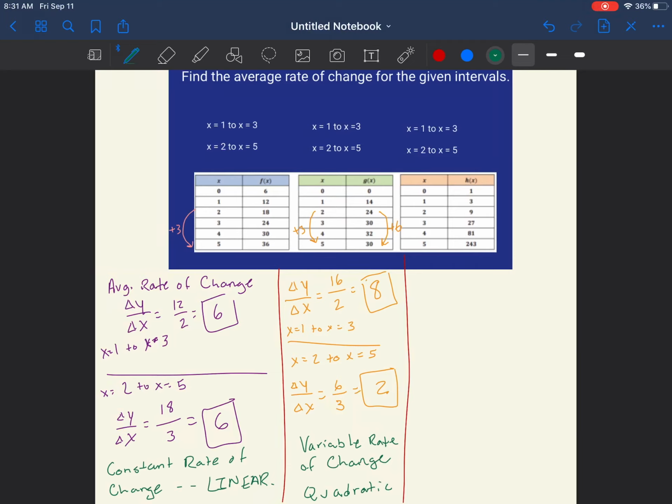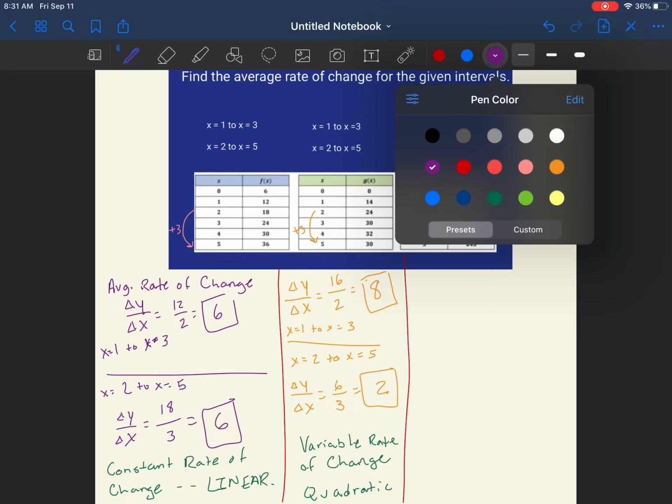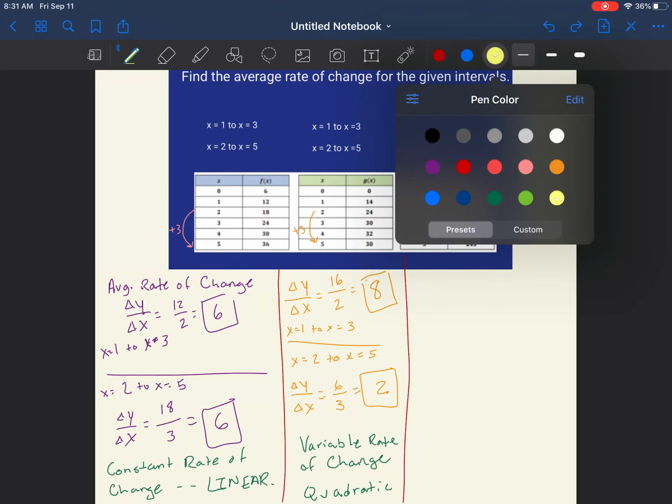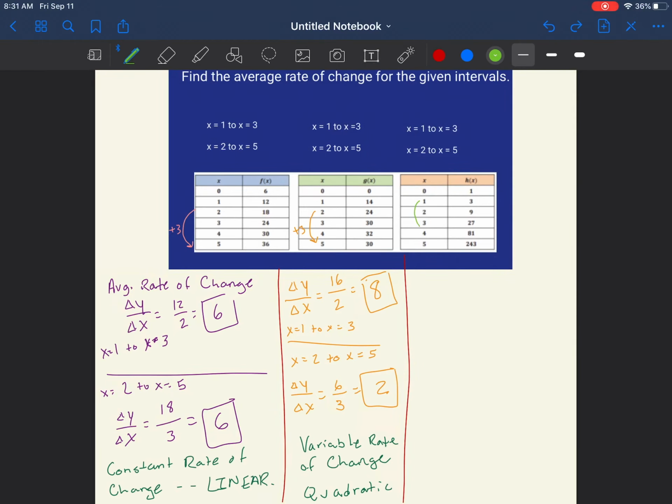Our last table here has the same intervals. We're going from 1 to 3, that's plus 2.